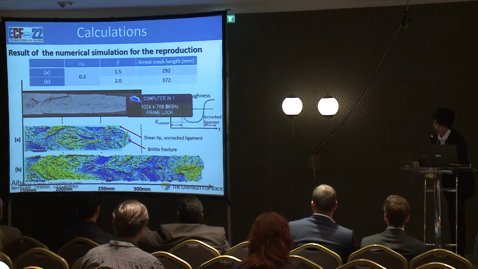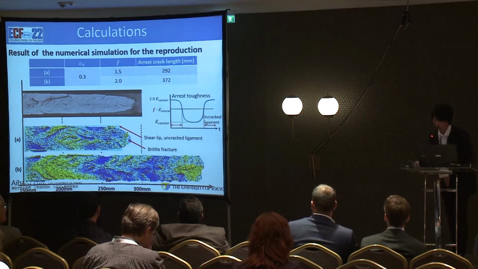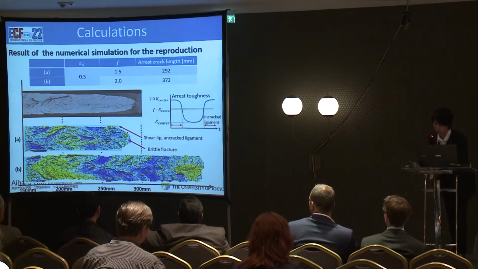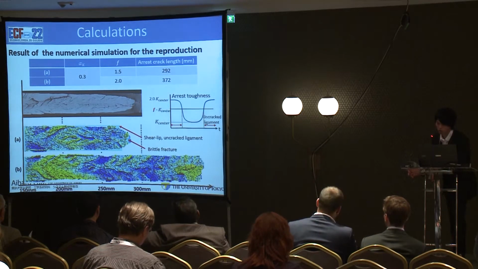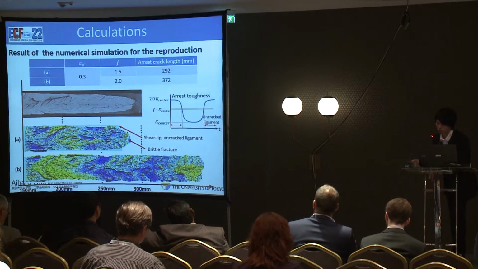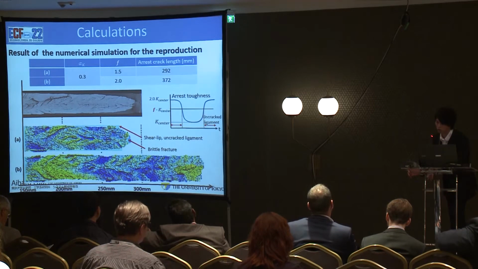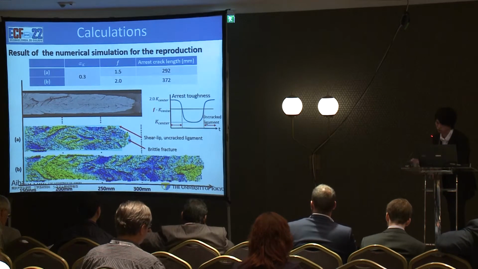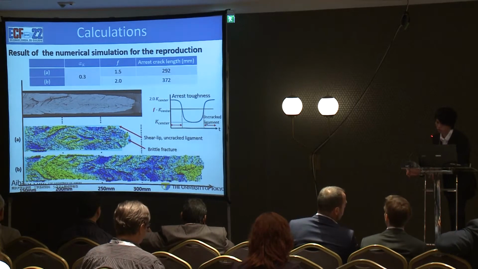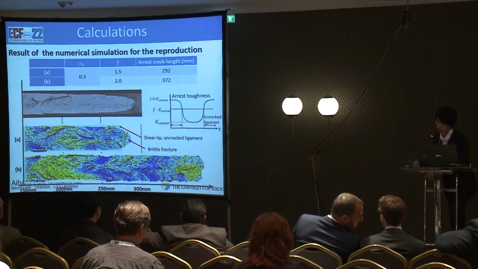Mark A is a simulated fracture surface introducing crack closure effects on the plate surface. Mark B did not introduce the effect. Please look at the arrest crack length on the table. The actual crack length was 302 mm, so the calculation introducing crack closure effects can reproduce crack arrest length well. In terms of the surface morphologies and the form of the crack front, Mark A can reproduce well.